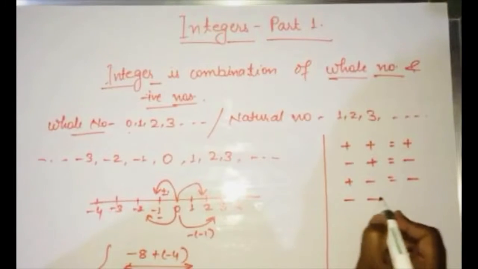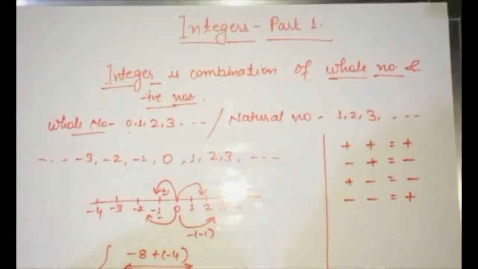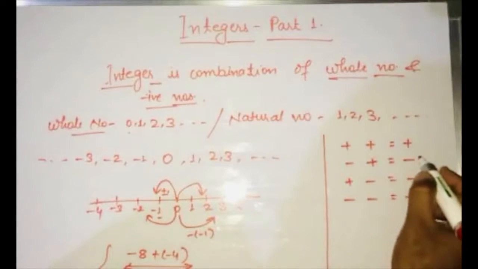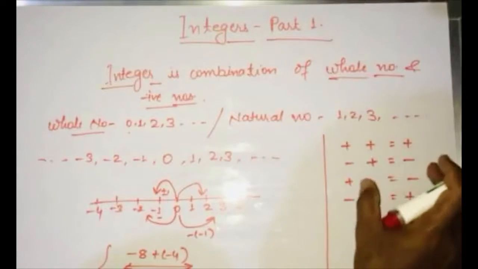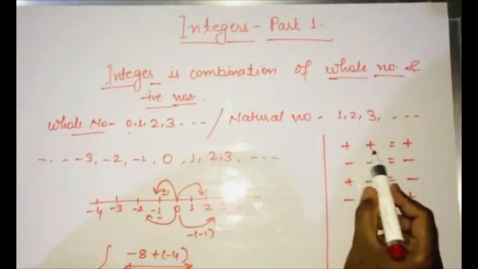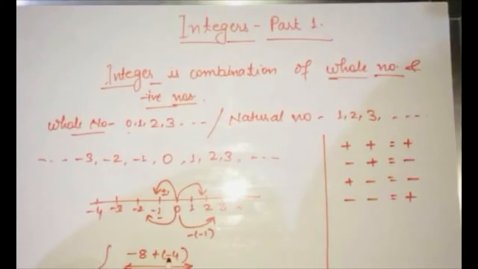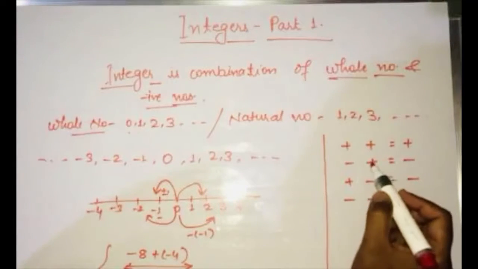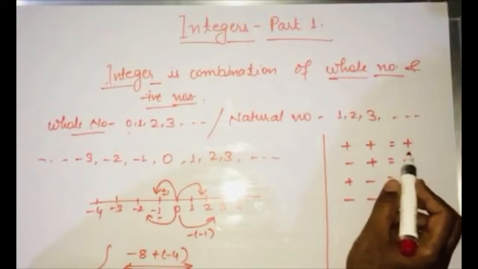When you are doing minus and minus, your answer will be plus. Just keep that in mind. Now I apply it here, so how does it work? And which operation you need to perform also depends on this itself.